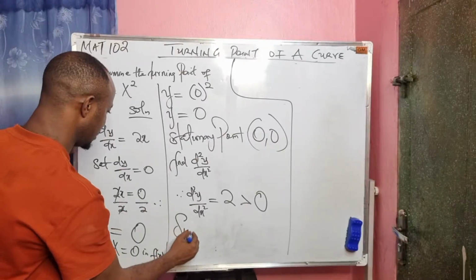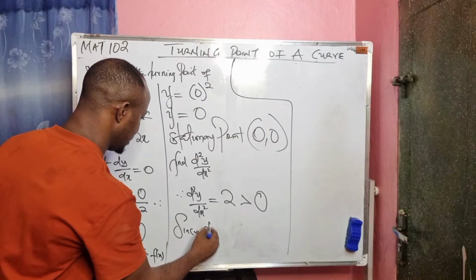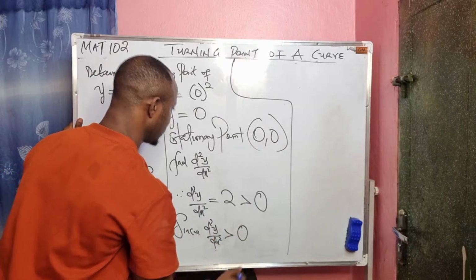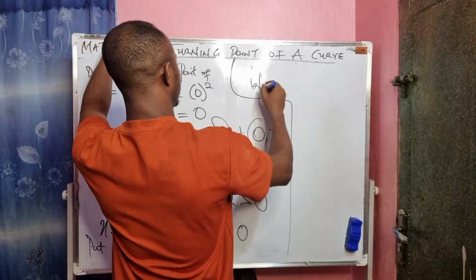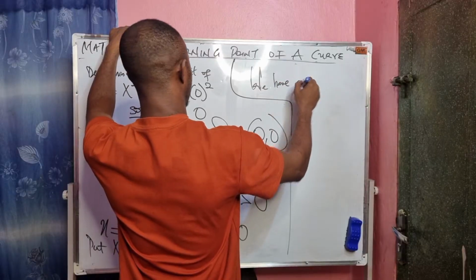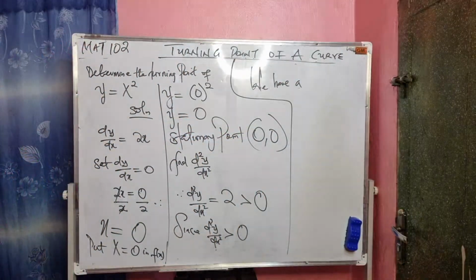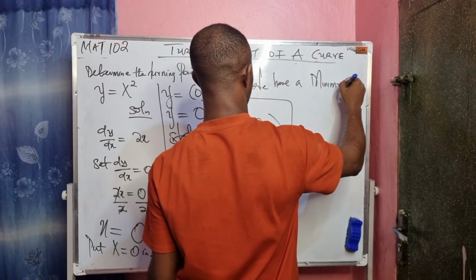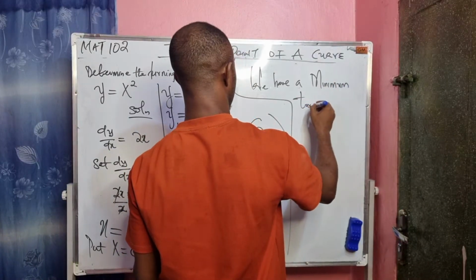So since the second derivative is greater than 0, we have a minimum turning point.